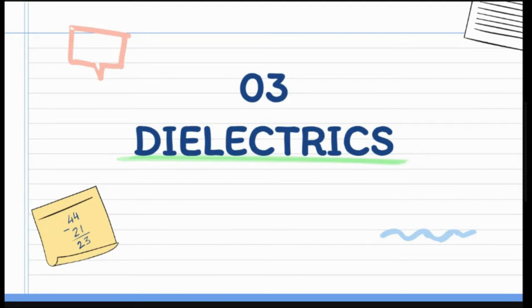Now, as I mentioned a while ago, the capacitors we have illustrated contain only vacuum as the dielectric material. But what would happen to capacitors if we insert a non-conducting or insulating material? To further understand that question, we need to understand the nature of dielectric materials.